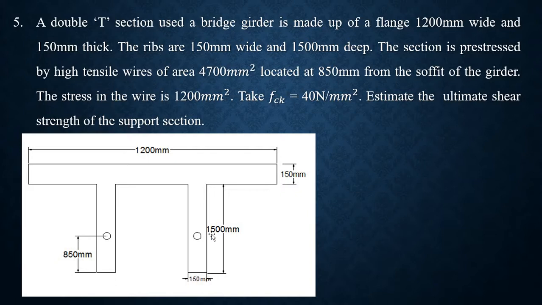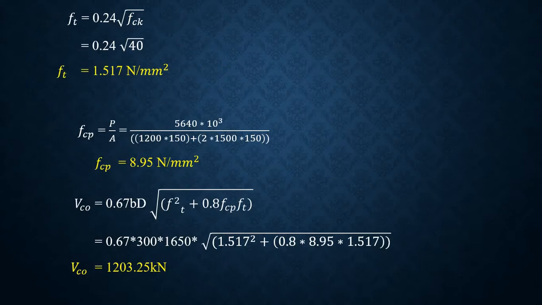That is 1500 into 150. That is area of one rib. As we have two ribs, we should be taking it as 2 into 1500 into 150. Therefore, FCP is 8.95 Newton per mm square.